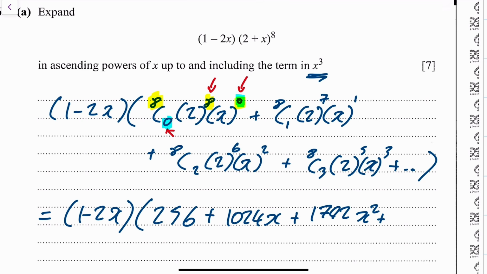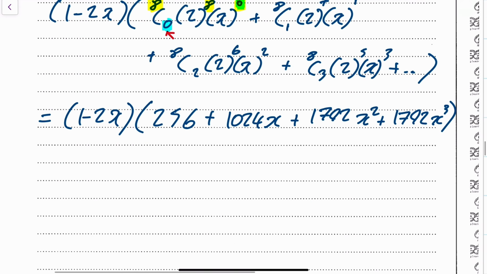And the next one, 8c3 times 2 to the power of 5. It's not 2 to the power of 7 at all, it's 2 to the power of 5. Okay, right, that's a weirder one. You get the same thing again, 1792, and that's my x cubed term. Apologies. Right, just well check that one. Okay, hopefully the rest of it was right.